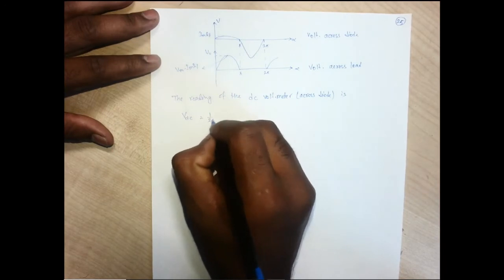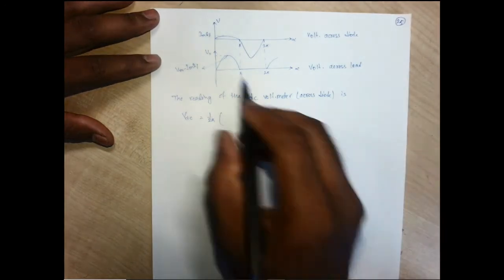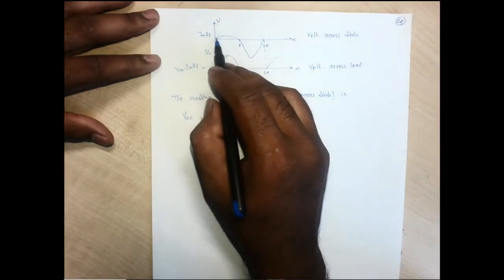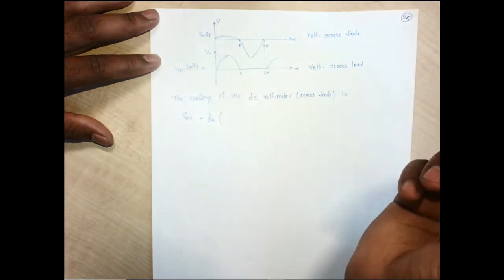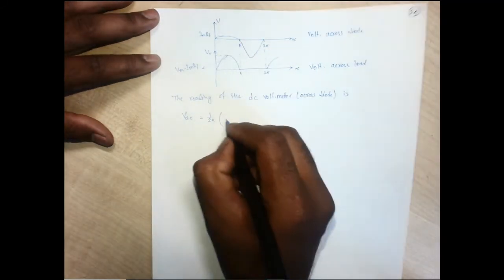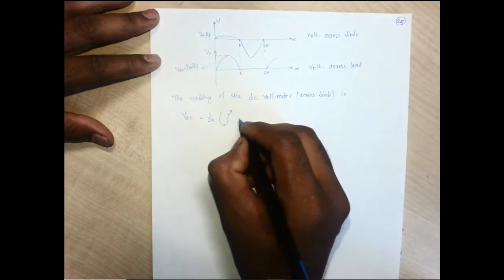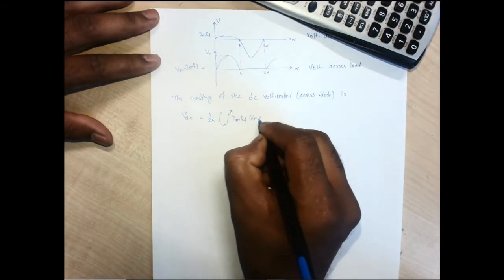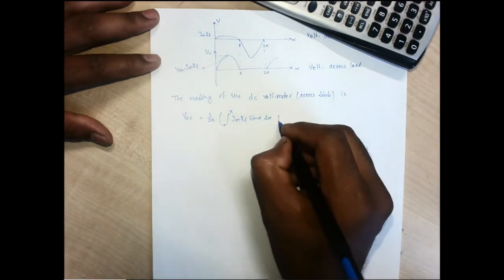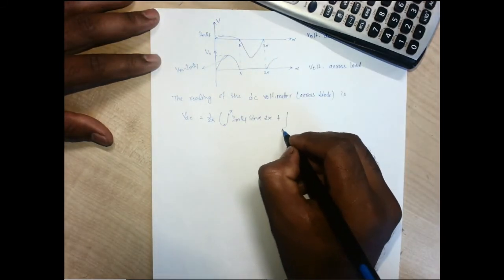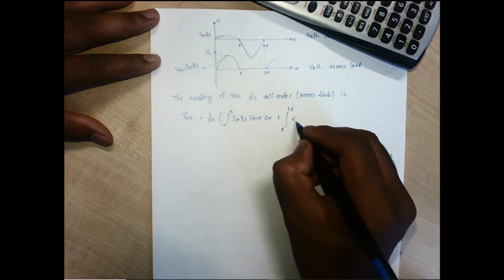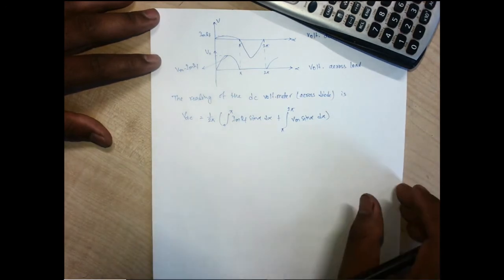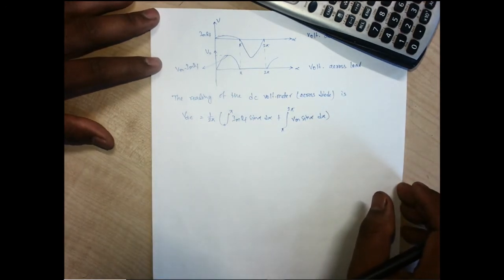So we need to find the average of that. For any cycle, this is the voltage for the positive half, this is the voltage for the negative half. So what does it mean? From 0 to pi we have Im Rf sin alpha d alpha, plus for the second half, from pi to 2 pi, we have Vm sin alpha d alpha. That is the average or DC voltage available across the diode.